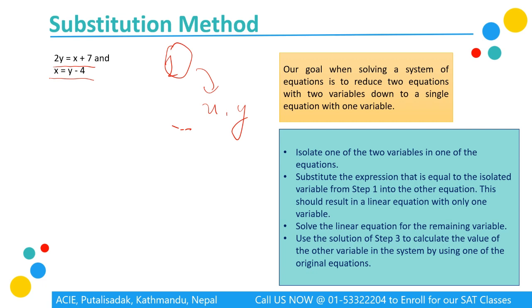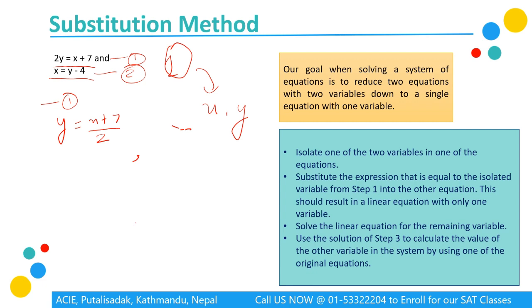Easily over here we can see that in our second equation, x is already separated, so it's easier, but just in case both are together, we can just use for equation 1 y is equals to x plus 7 by 2. So in this way we can segregate, but since we like to keep it easier and since that means that our question is going to be solved quicker, we're going to keep it as it is.